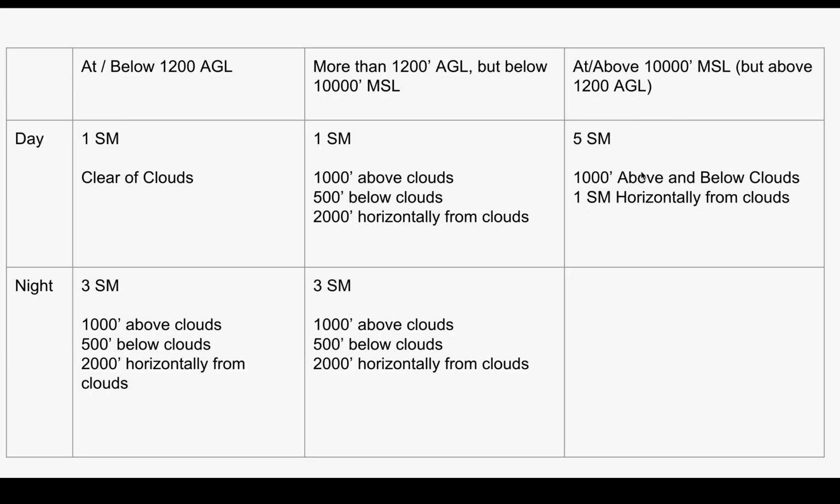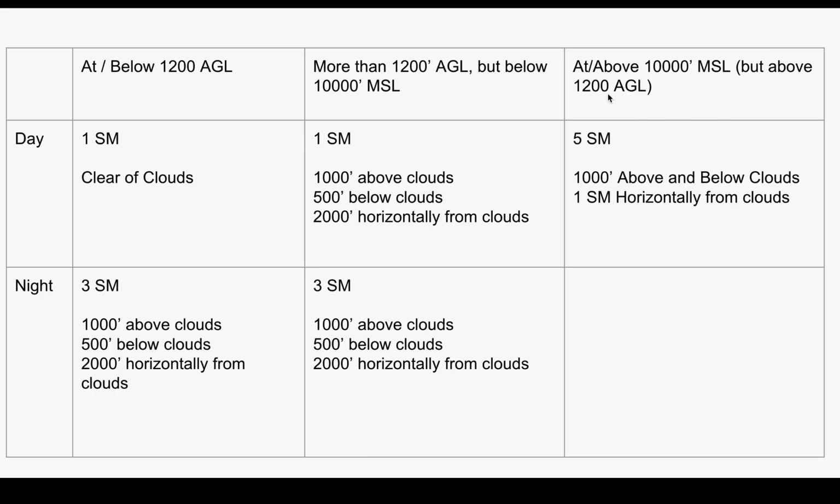But then we get above 10,000 feet, and then we get 5 miles, 1,000 feet above, 1 statute mile horizontally from clouds. At or above 10,000 feet MSL, but above 1,200 AGL. I'll explain why that's such a peculiar way to think about altitude. Like, what airports could be at 11,000 feet? But anyway, 1,200 AGL.